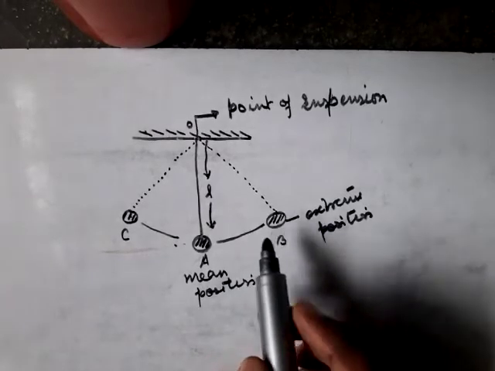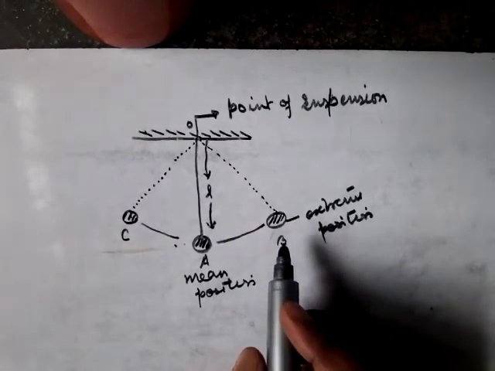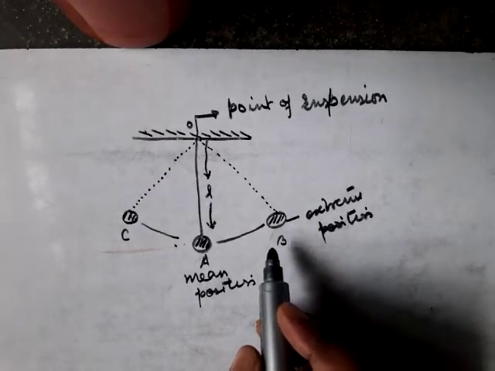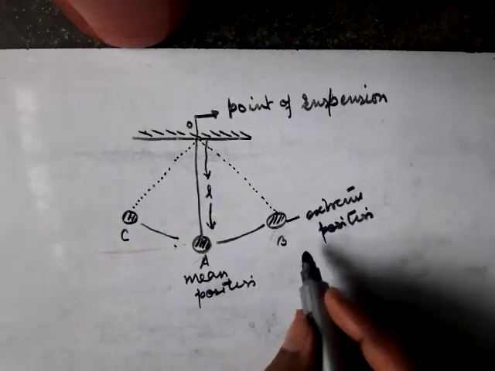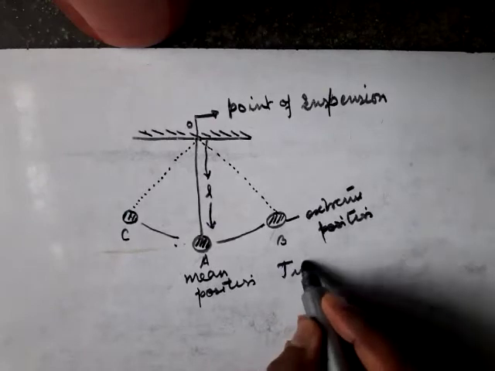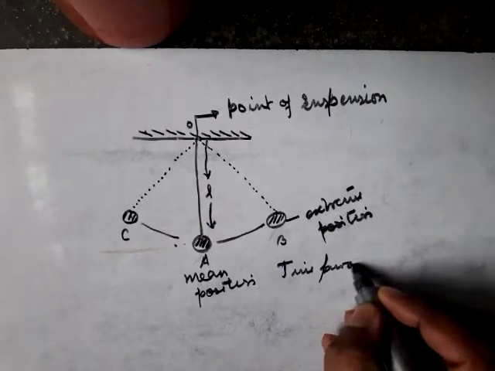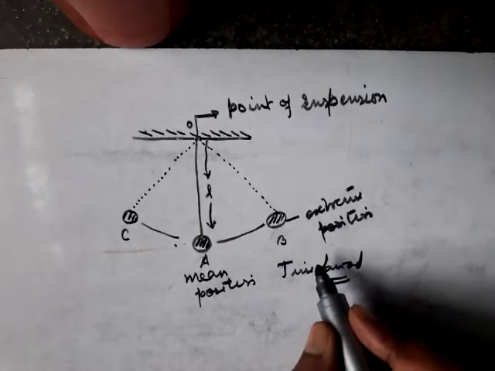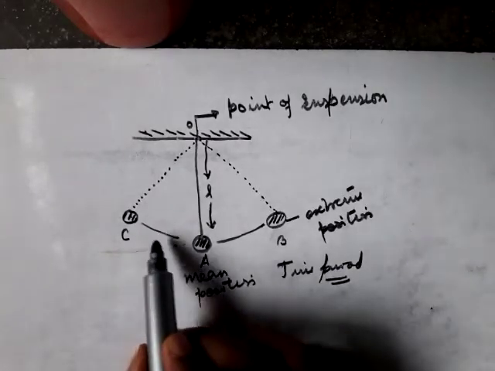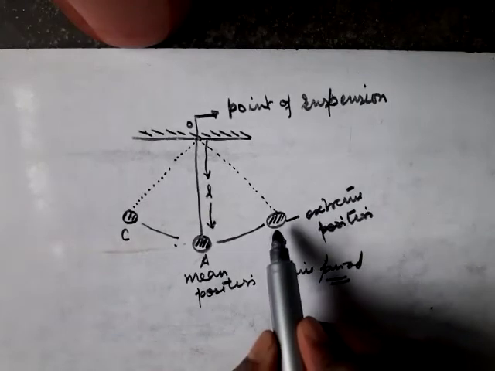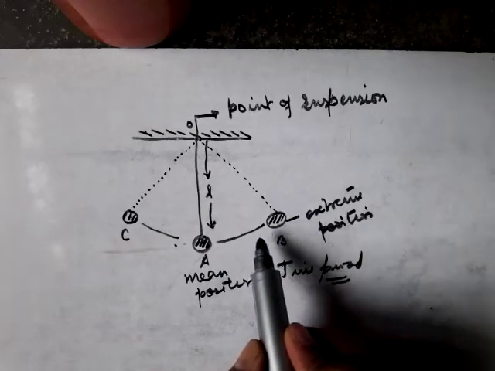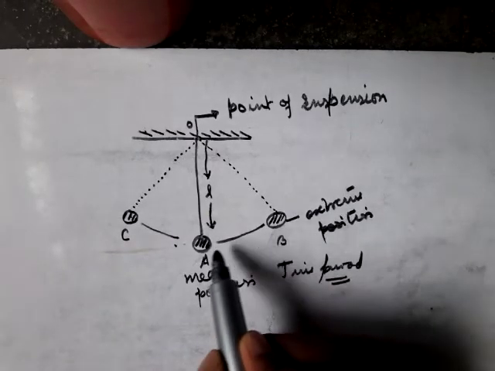The second term is the time period. What is the time period? How will you define the time period? Time period is the total time taken by the pendulum to complete one complete oscillation.